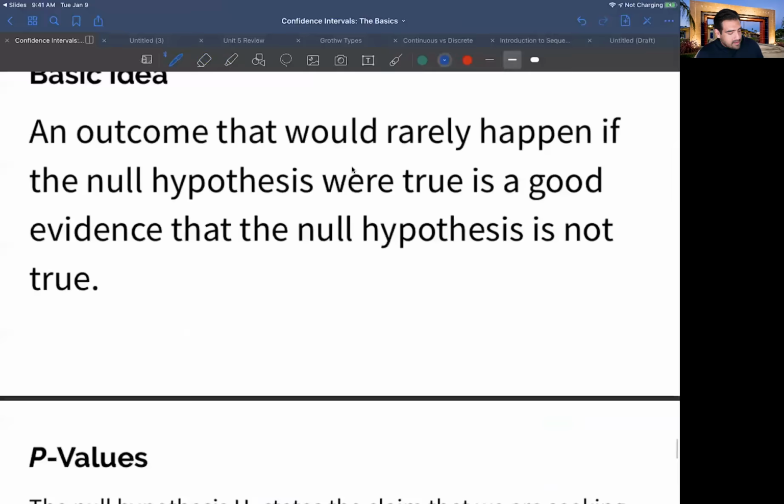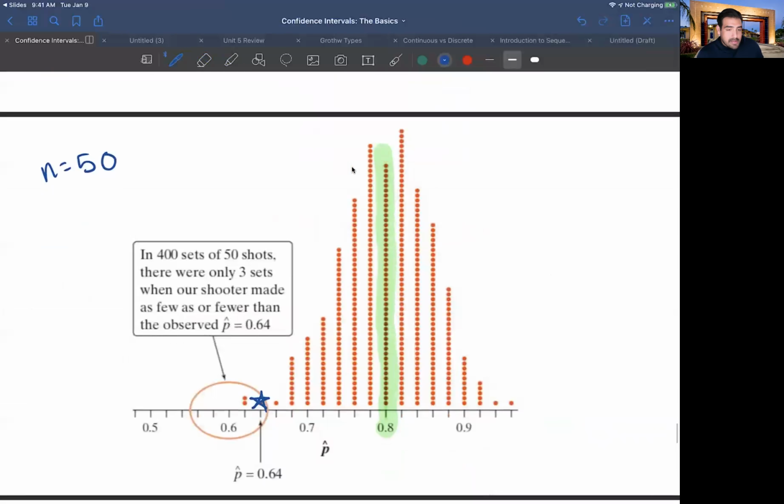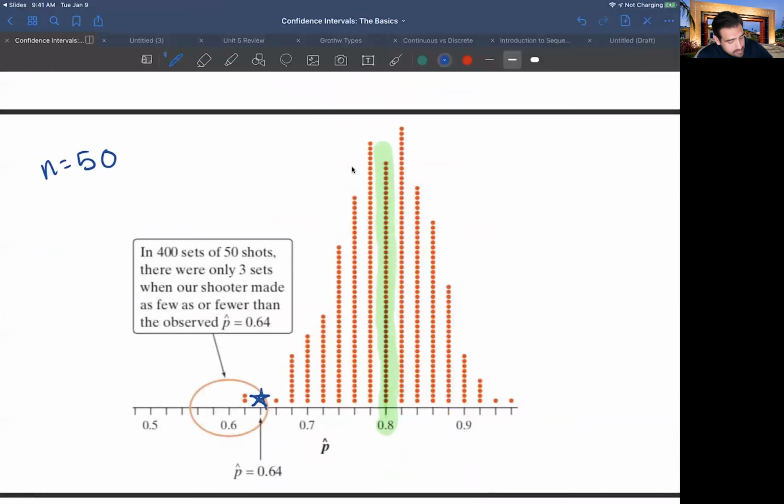So if I were to go back to my distribution up here, let me erase this star. Everything that's circled is part of my p-value. The probability of getting what I got or more extreme. Anything less than, how many were there? There are 3.